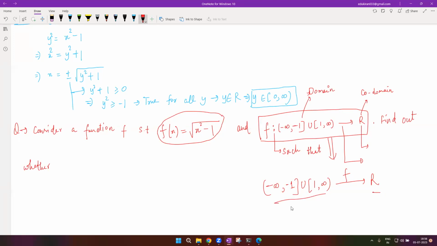So defined from means domain, that is the set of inputs that you can provide to the function. And defined to means, what are the possible outputs? So basically we are mapping these two sets according to the condition root over x square minus 1. This is what actually is the meaning of this whole expression. Did you understand it, Charles? Yes, sir. Okay. And this R is real numbers, obviously.